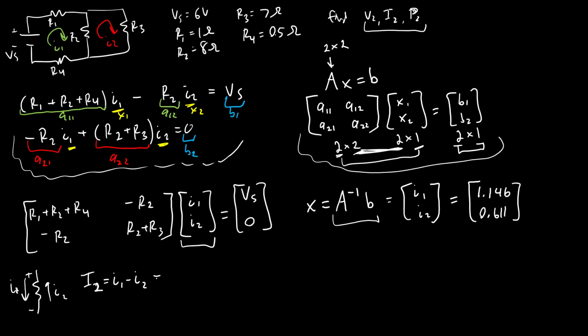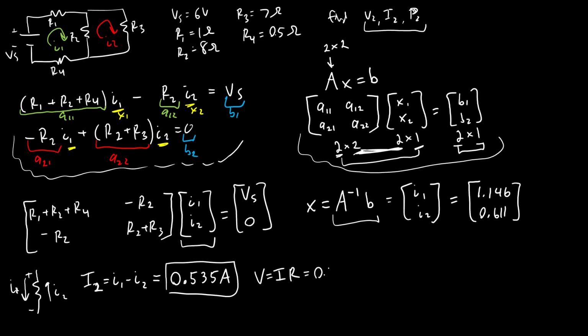And when we plug those numbers in, we get, thankfully, the exact same result for the current that we got in the previous video with the equivalent resistance method, 0.535 amps.